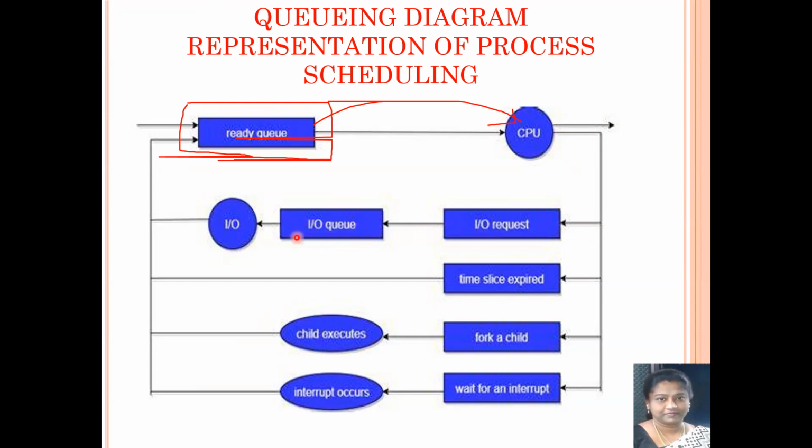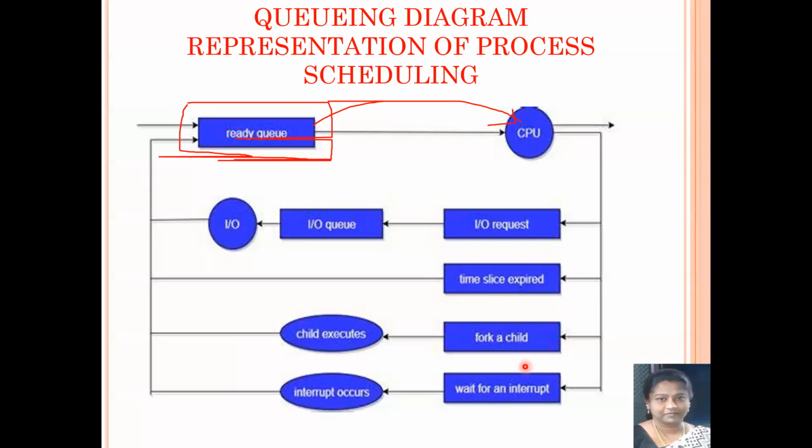Once the IO event is completed, then the process will get back into the ready queue. This is one scenario. Another scenario is whenever the time slice expires. The time slice expiration will be indicated by an interrupt being generated. That interrupt will cause the process in the running state to directly move into the ready state. So whenever a time slice expires, the process is taken from the CPU and put into the ready queue.